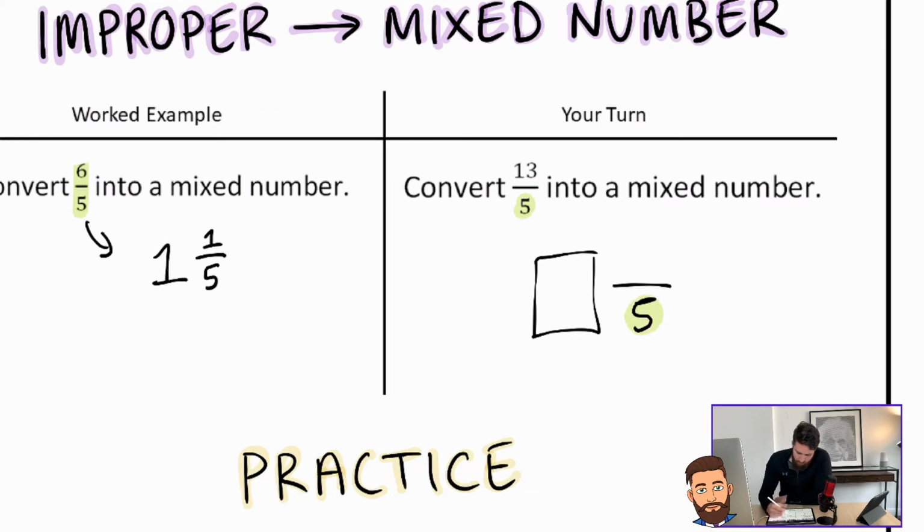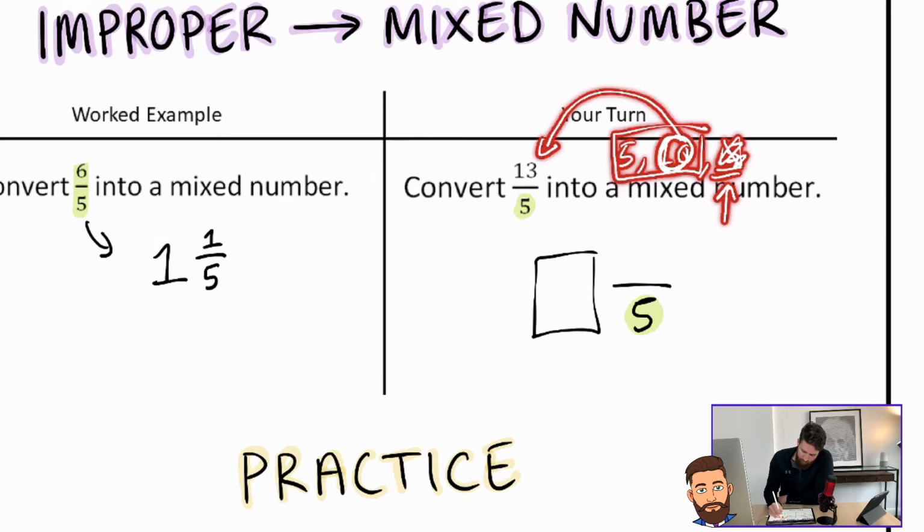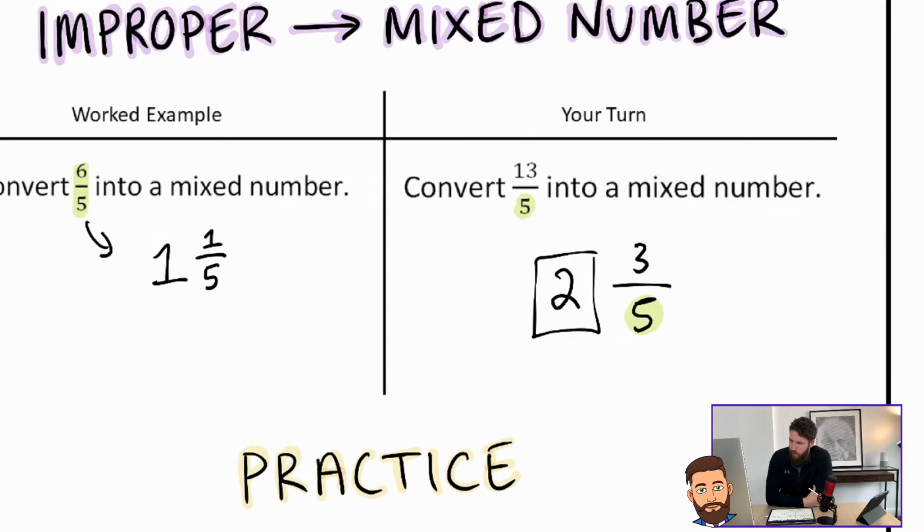So ask yourself, how many times does 5 go into 13 whole, and how many have you got left over? So 5 goes into 13 whole 2 times, because 5, 10, 15. 15 is bigger than 13. So it's 2 whole ones, and how do I get from 10 to 13? There's 3 left over. So it's 2 whole ones and 3 left over.